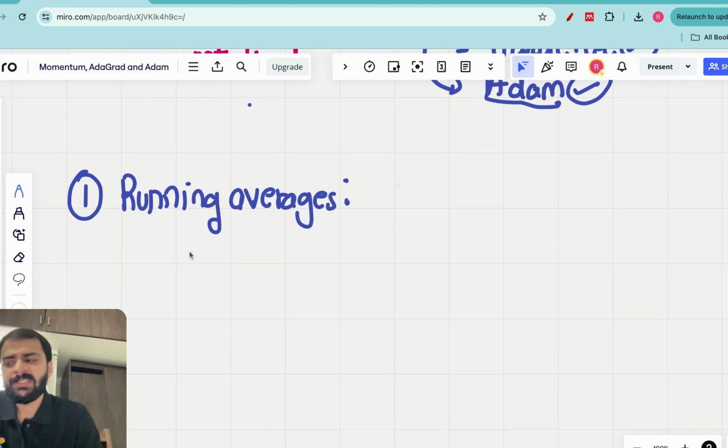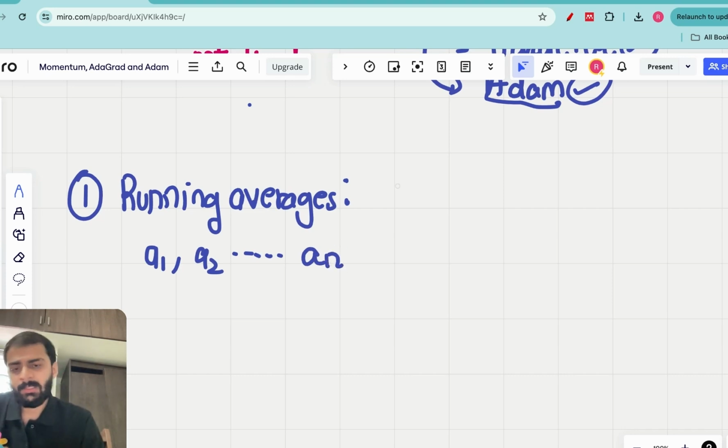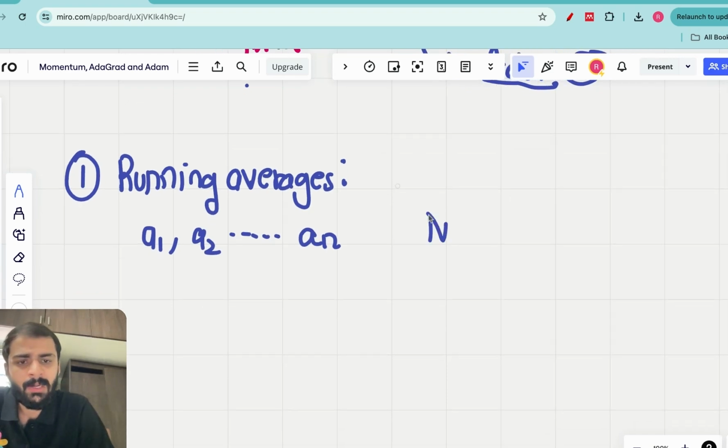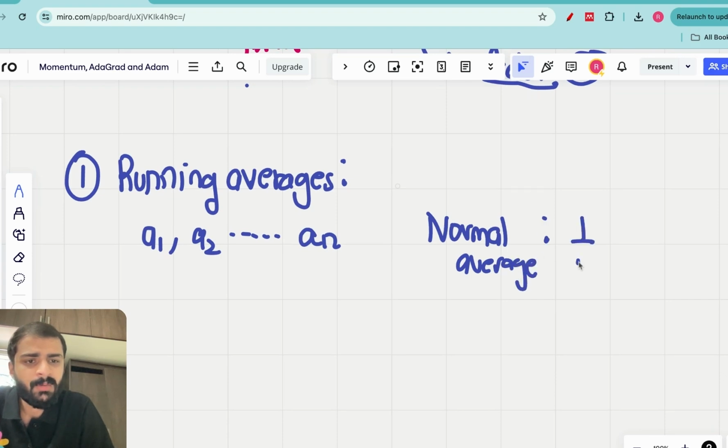So we start out with a sequence of numbers such as a1, a2, dot dot dot an, and the normal average for these numbers is just 1 by n times (a1 plus a2 plus dot dot dot an), right?